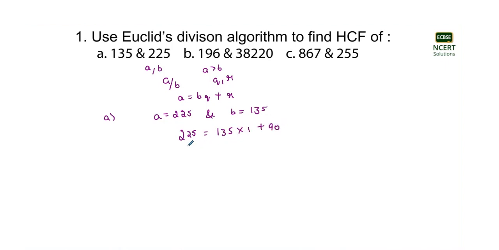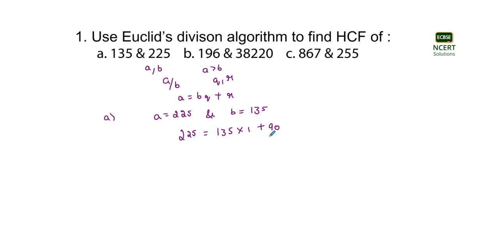What it means is that if we divide the number 225 by the number 135, 1 is obtained as a quotient and 90 is obtained as a remainder. Clearly, the remainder obtained is not equal to 0, which means that we again need to apply the Euclid's division lemma over the numbers 135 and 90.